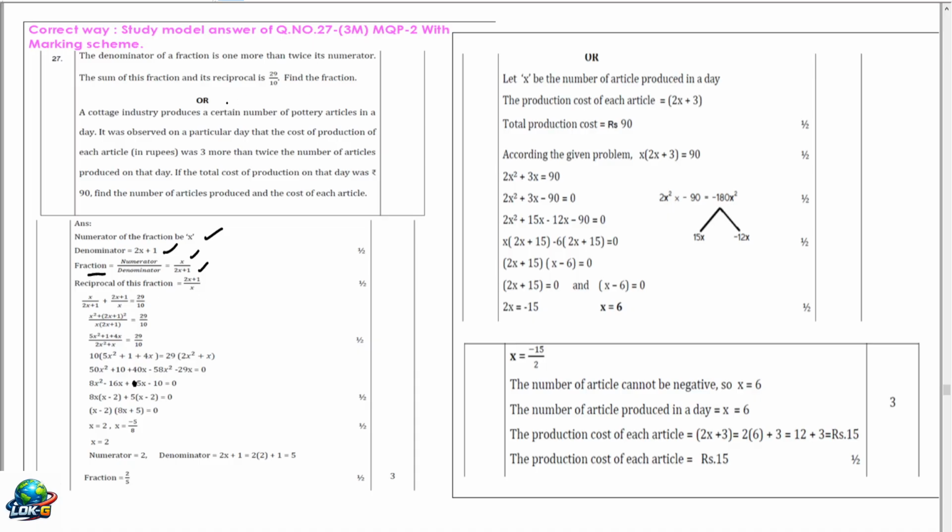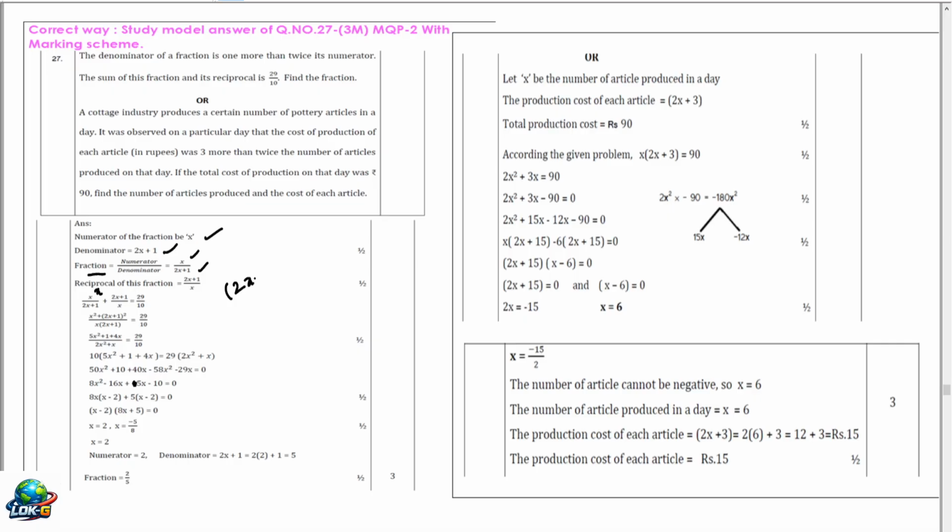What they are saying is that the sum of this fraction and its reciprocal is 29 by 10. You take x upon 2x plus 1 plus 2x plus 1 upon x is equal to 29 by 10. Then you take LCM, it will be x into 2x plus 1, x into x is x square, plus 2x plus 1 whole square.